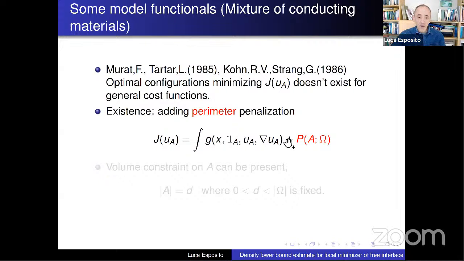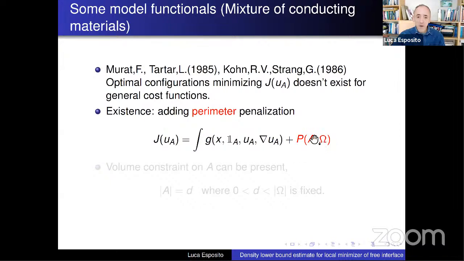This is also a natural condition to add from the physical point of view, because you are also taking care of the surface tension. Adding this perimeter penalization prevents A from disintegrating into infinitesimal parts spreading inside omega.